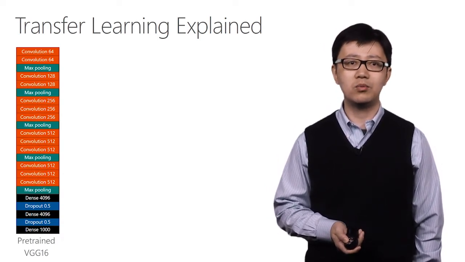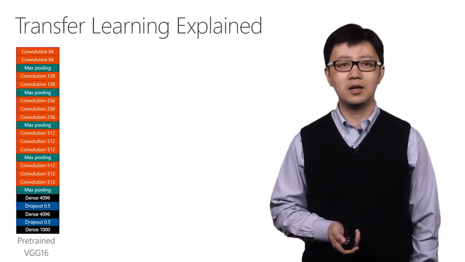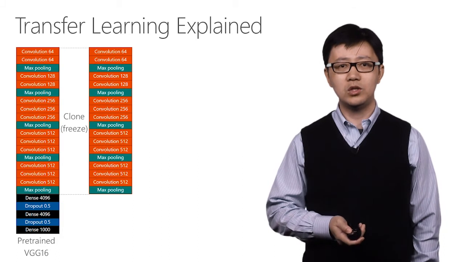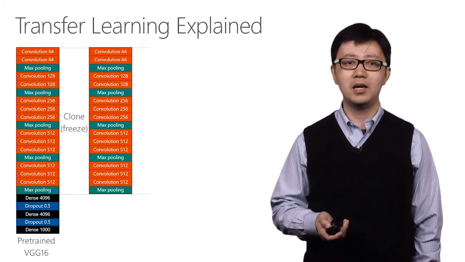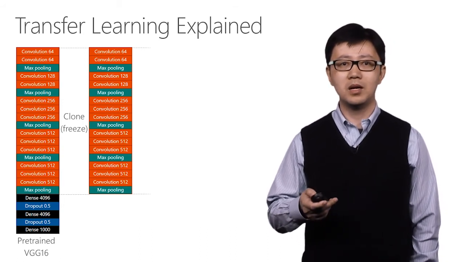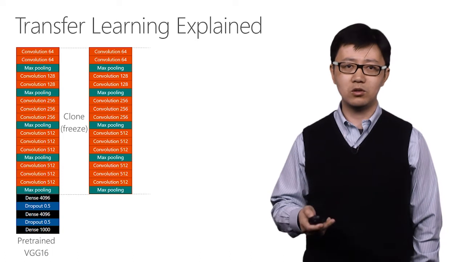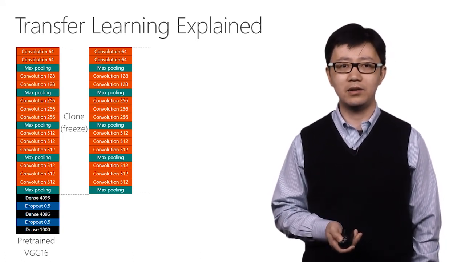You start with a pre-trained model, in this case, a VGG16 model. Then you clone the convolution part. This is usually the bottom part of the network. In this figure, actually, it's on the top. So input is from the top, goes through all the convolutions, but we're going to fix all these convolution layers.